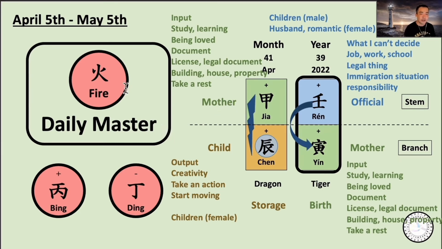But for the money aspect or any kind of problem, for the fire daily master there is always mother spirit involved, for any kind of situation. It is kind of asking for help. And mother spirit is being loved, right? It could be study, but it could be being loved by someone like parents, mother, or a teacher, someone who can help you. So mother spirit is the sense of being taken care of by somebody.